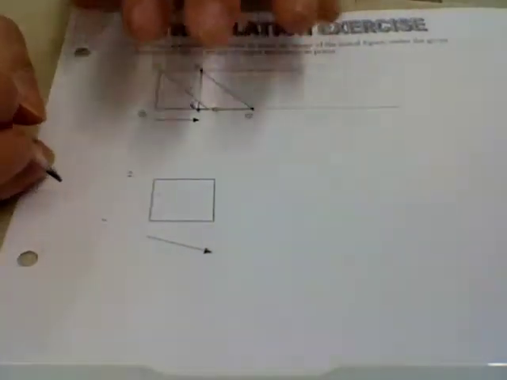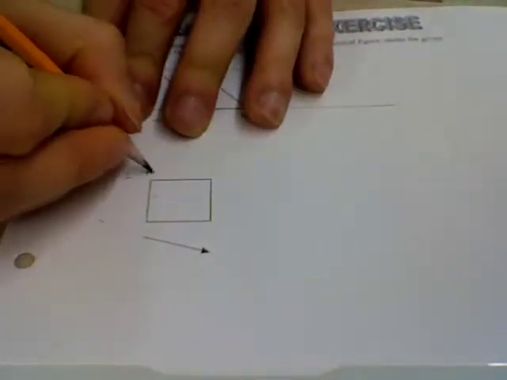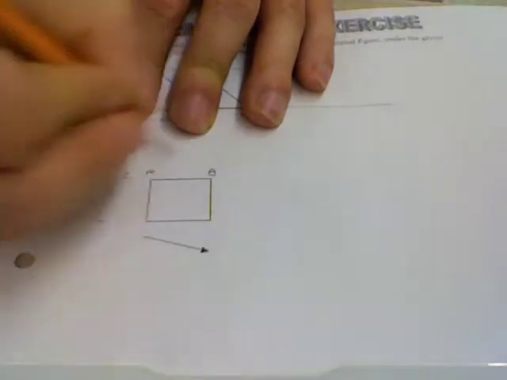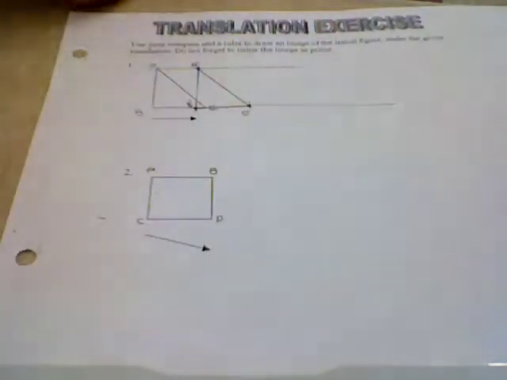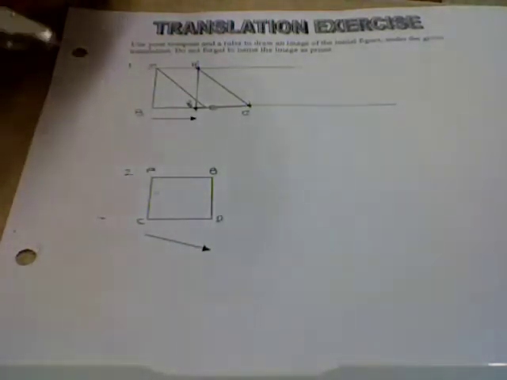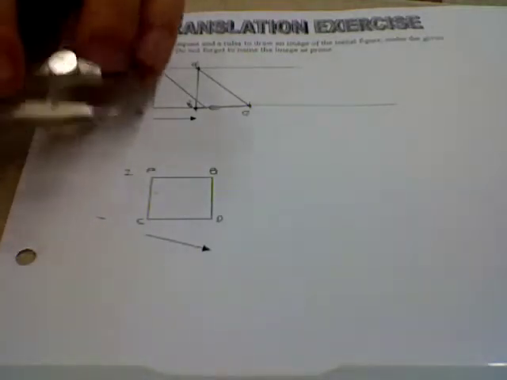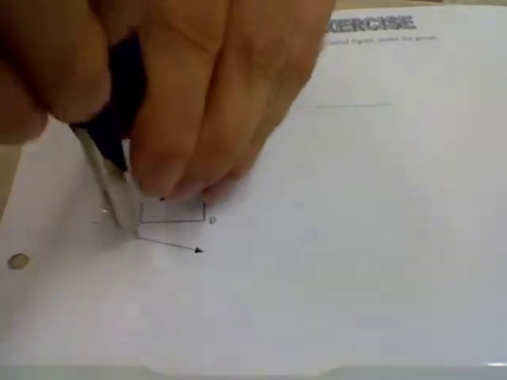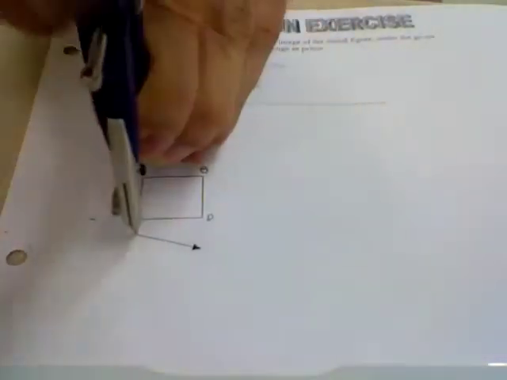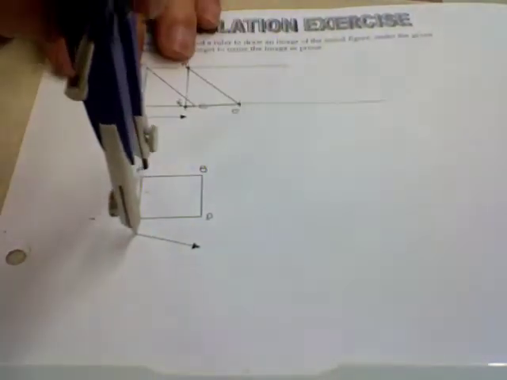If we're doing this square right here, we have A, B, C, and D. Now we're going to do it a little differently. We're going to use the compass again, and from the bottom of the translation arrow to A, we're going to measure until we get to A.